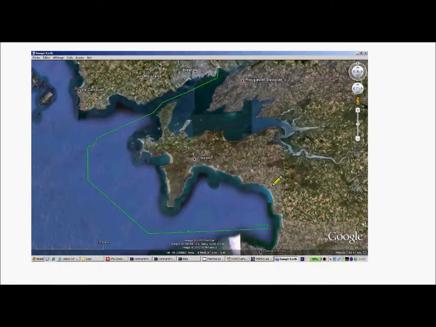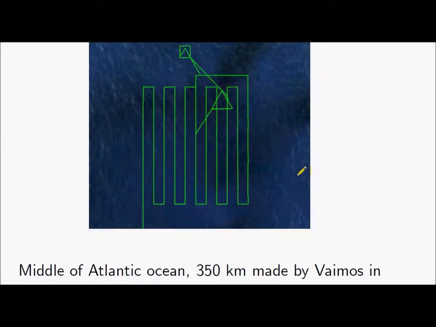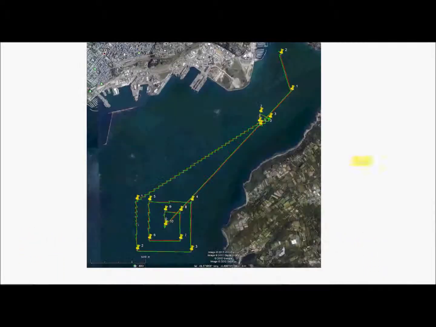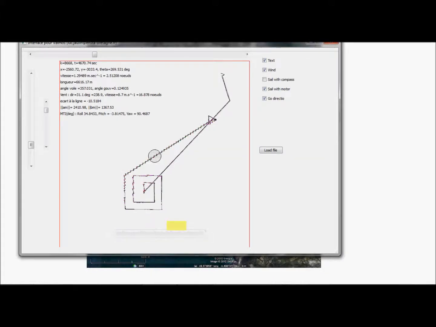Here is another shape made in the middle of the Atlantic Ocean, made by vaimos. But let me come back to the square spiral. The square spiral corresponds to an actual experiment. On this picture, everything looks perfect, but we can see a small flaw when we take all the data and zoom in.